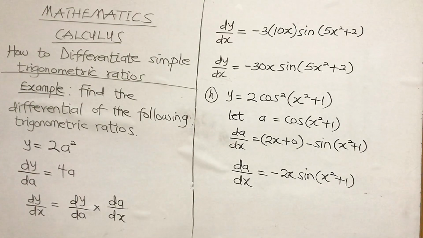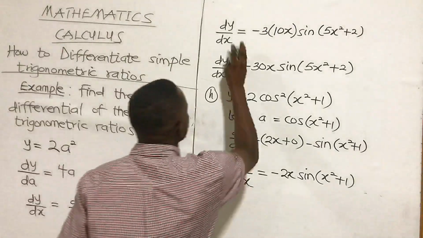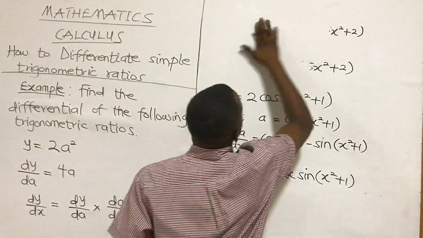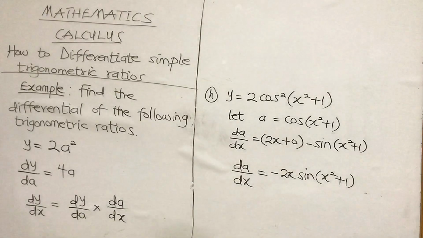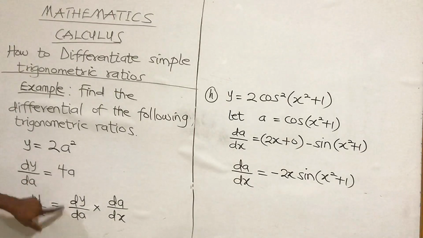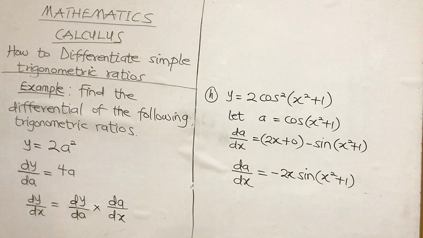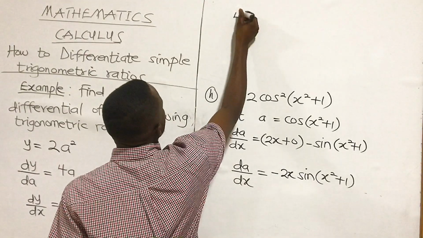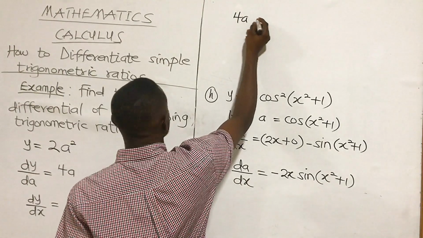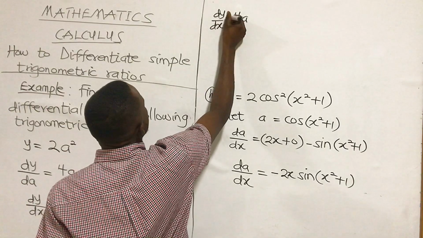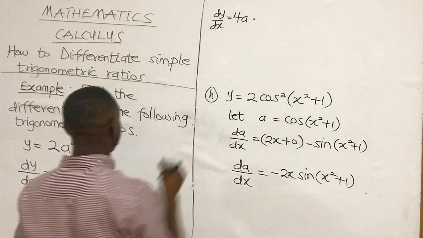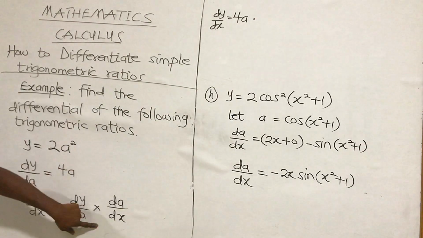We are moving on. All right. dy over dA, we had 4A. So we have 4A multiplying dA over dx.